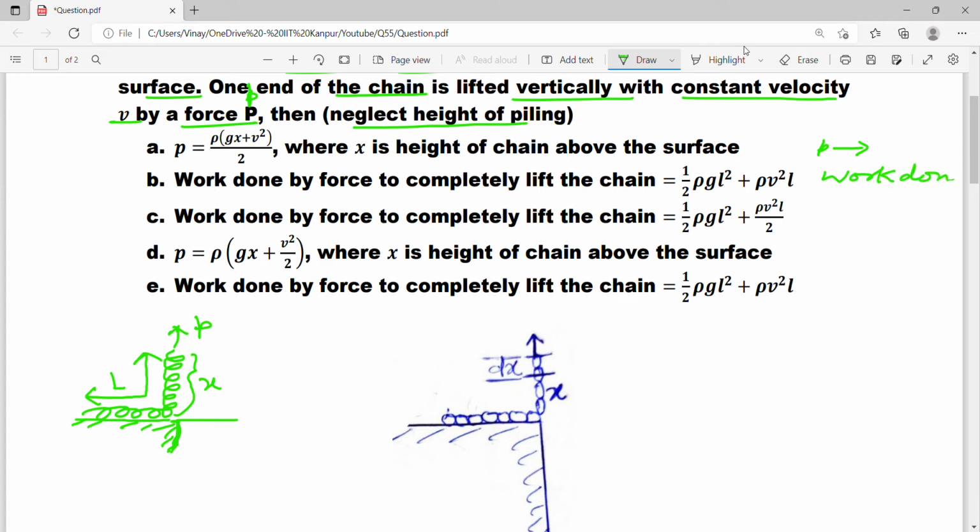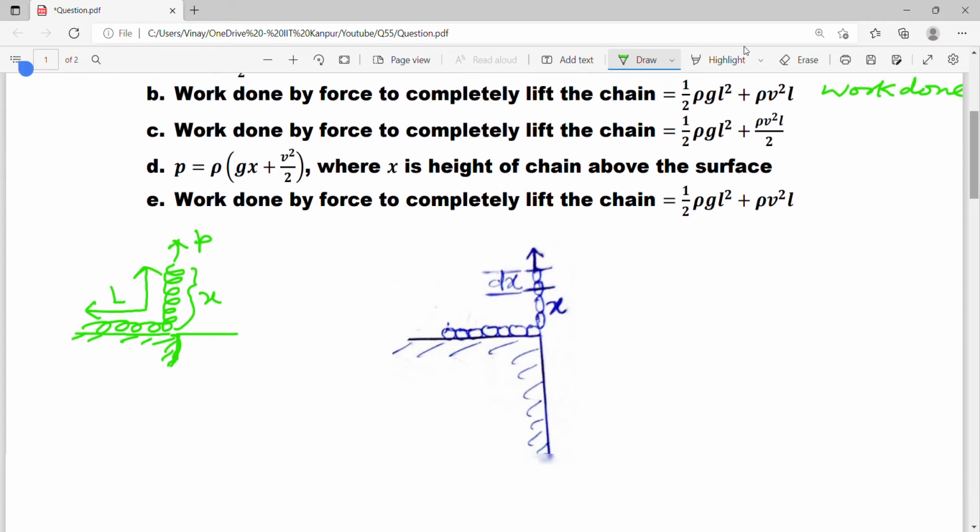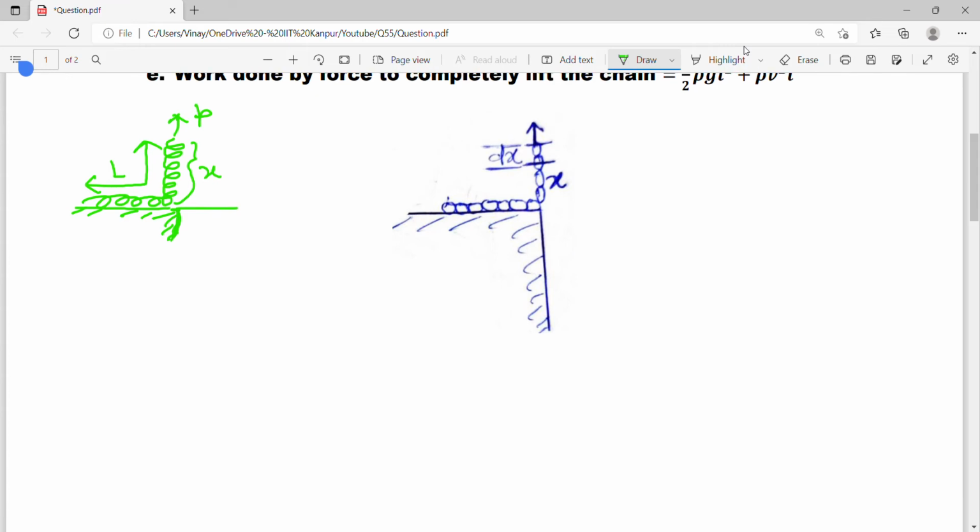So let's just start. I'm going to tell you this question by two methods. This is, let me call it method 1, right? This is your Newton's second law method, and Newton's second law is what? Net force is rate of change of momentum.